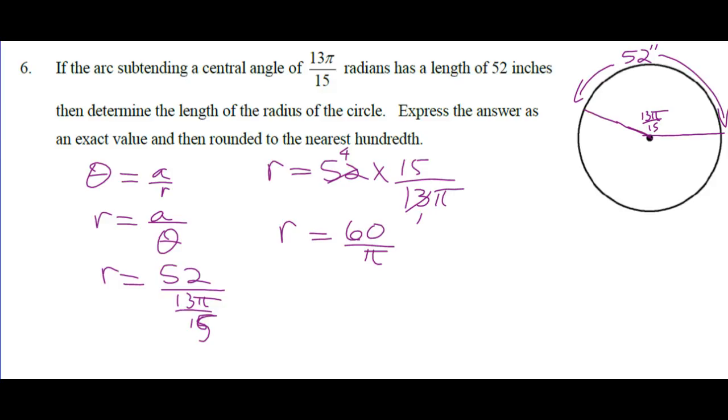So it's 60 over pi. That's exact. And then you want it to 2 decimal places, which is 19.10. So if they want 2 decimals, you give 2, right? So it's 19.10 in the units. Inches.